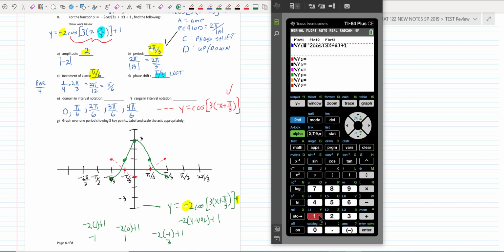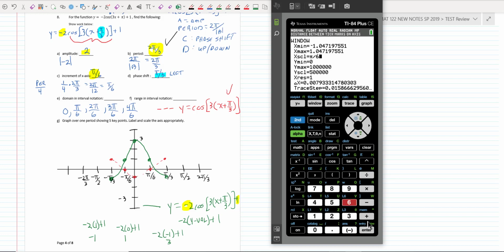So that's what we're doing. And then you can set up your window. Really all you got to do is negative pi over 3 to pi over 3. Okay, so for the window, let's just go negative pi over 3 to pi over 3. Okay, you can scale by our increment. Our increment was pi over 6.